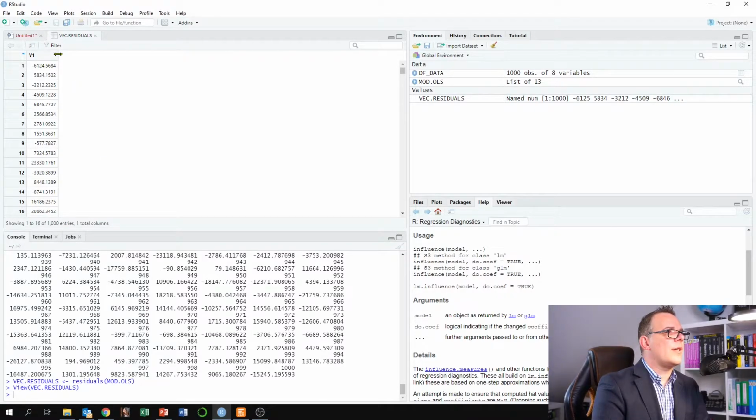And now, of course, I can sort them like this, and I find those observations 854, 270, 217, 908, so those with very, very high residuals. These are the outliers.